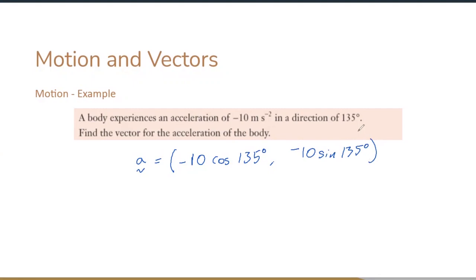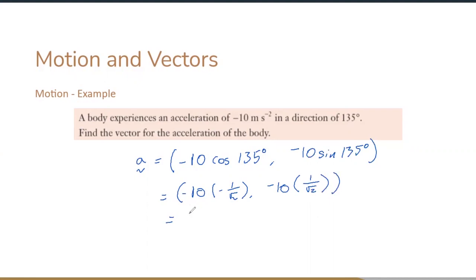Importantly, 135 degrees is the second quadrant angle for 45. That means it's going to be the magnitude of the 45-degree angle, but for cos it's going to be negative, and for sine it's going to be positive. So this becomes -10 times negative 1/√2, comma, -10 times positive 1/√2.